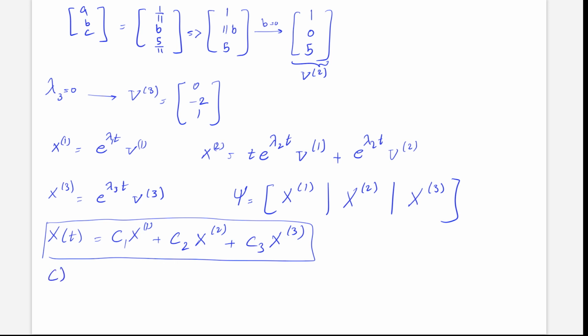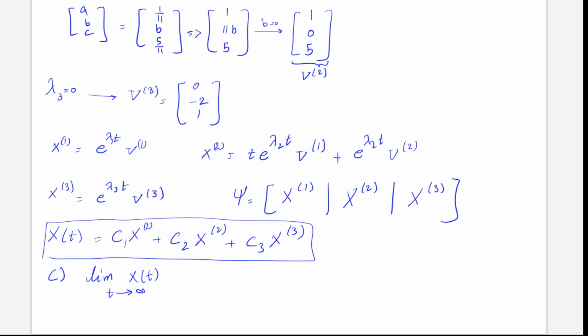In part C, we just need to find the limit as t goes to infinity. Okay, find the limit of what? Limit of x of t as t goes to infinity.